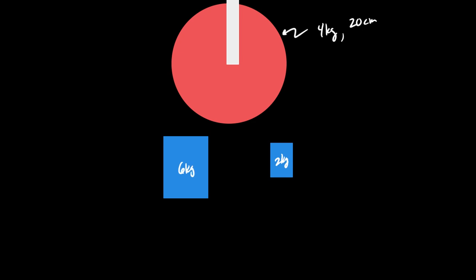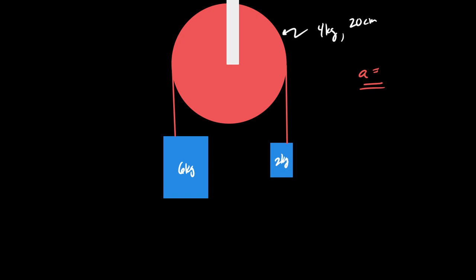And I'm going to hang them like this. Your job is to find the acceleration of the system. Same problem, very similar. I'll give you 5 minutes. Work with the group. Come up with a equals.